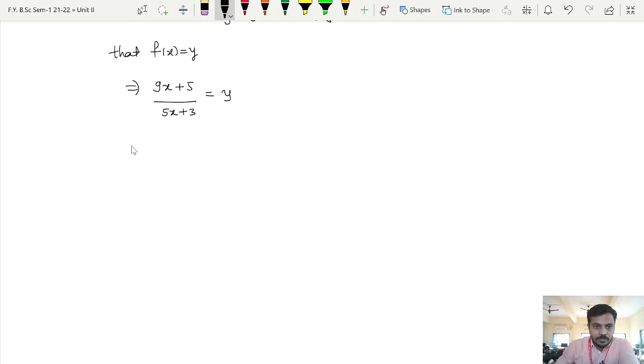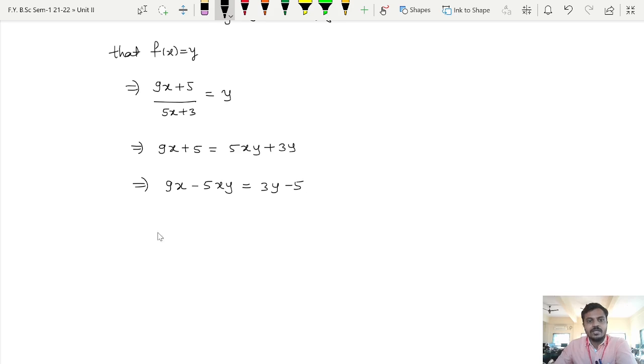So this implies 9x plus 5 is equal to 5xy plus 3y. This implies, as we need to find the value of x, I will shift all the terms of x to one side. So 9x minus 5xy will be equal to 3y minus 5.